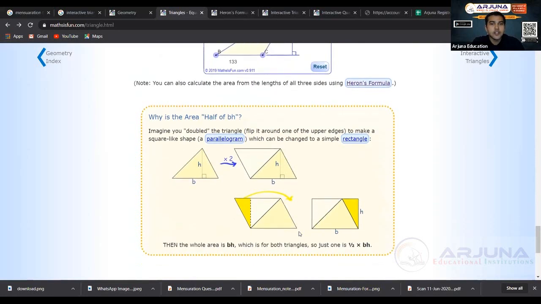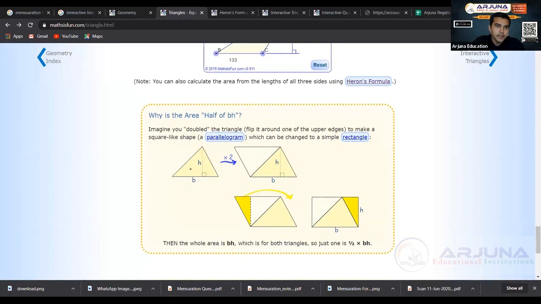Okay, and actually, how do you get it? Because it's a triangle, if you just copy paste the triangle but reverse it. Okay, you see this. You can see here. So I'm taking a copy paste of this triangle, but I'm inverting it, so that I'm going to get a parallelogram, because you can see this line and this line are parallel to each other, and these two are also parallel to each other.